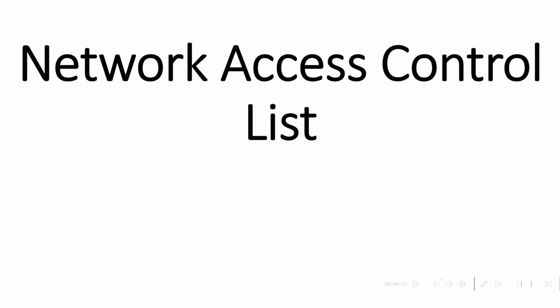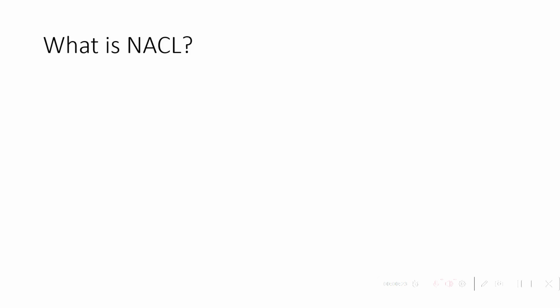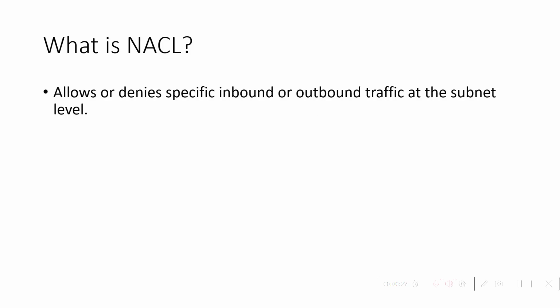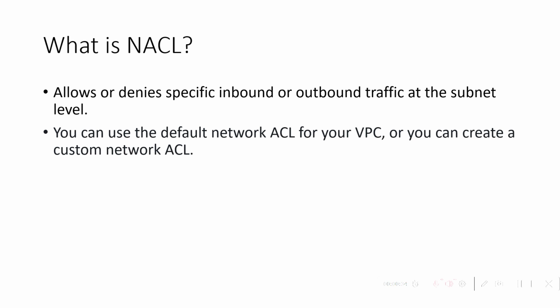Hello everyone. So today we are going to talk about Network Access Control List. It is also called NACL or Network ACL, or NACL in short. What is a Network Access Control List? It allows or denies specific inbound or outbound traffic at the subnet level.